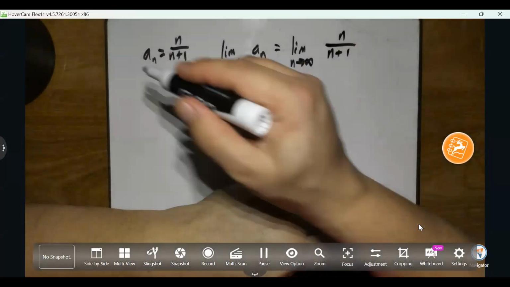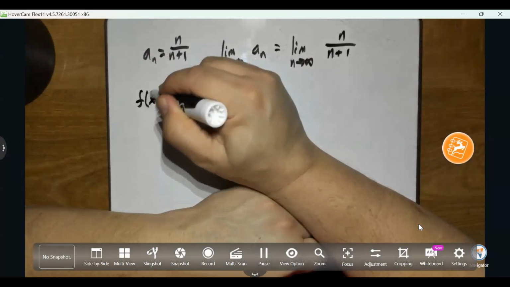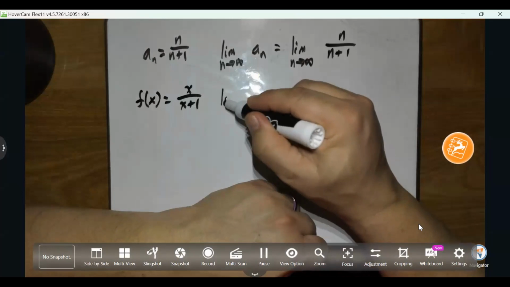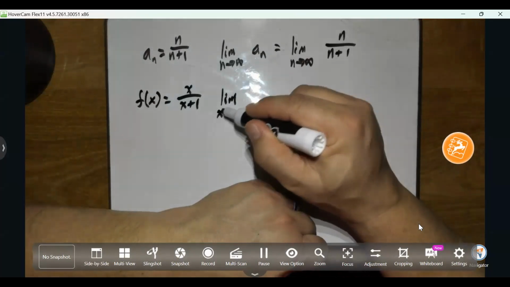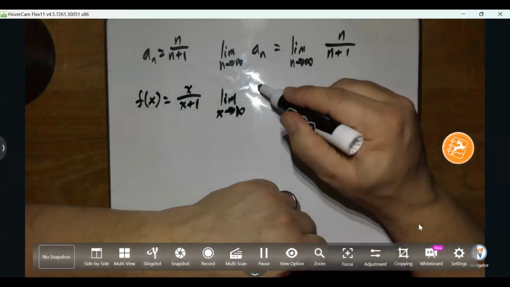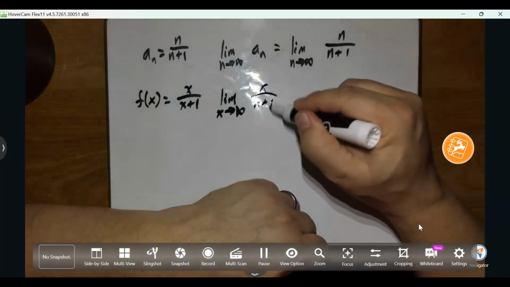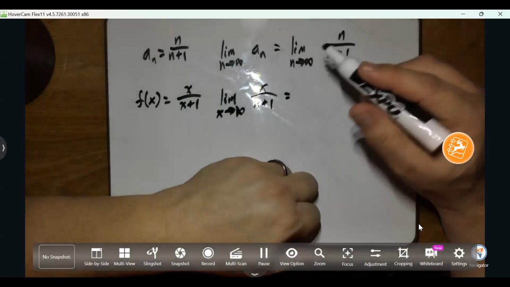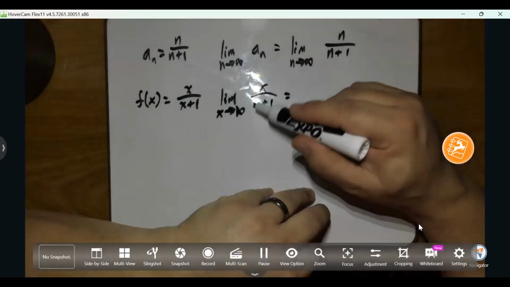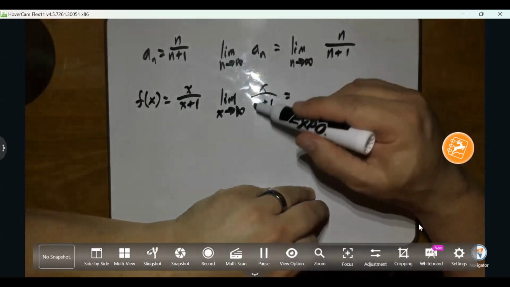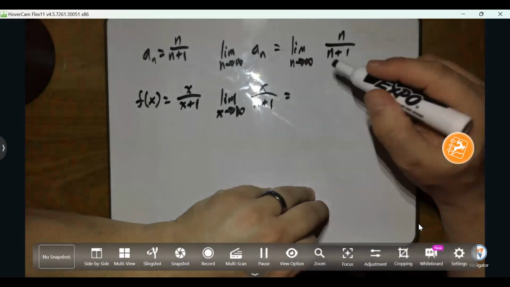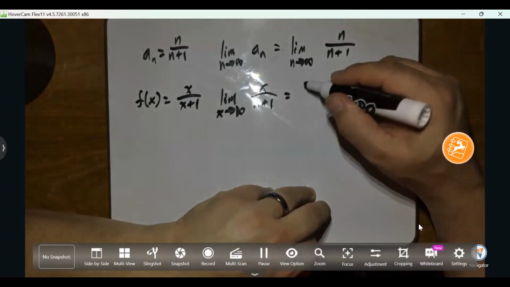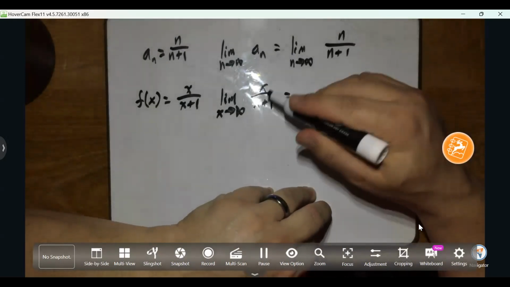If I look at the analogous function and I take the limit as x goes to infinity of that function, and if you remember how we can do that, what we're really looking at is relatively how fast the numerator and denominator approach infinity. So I can divide everything by x.